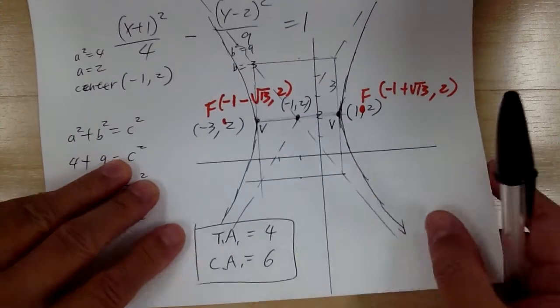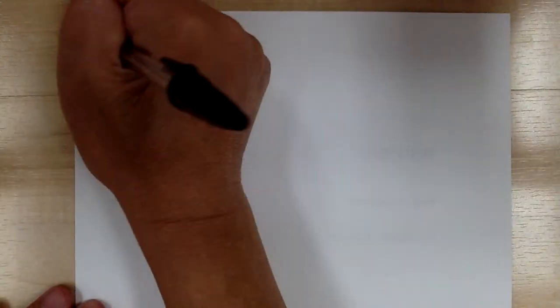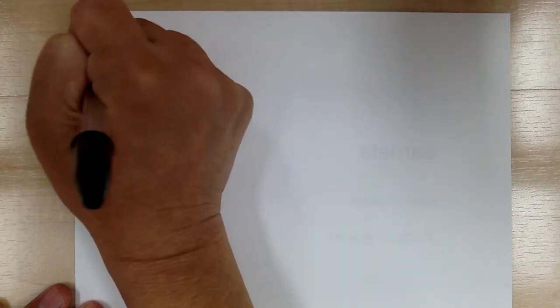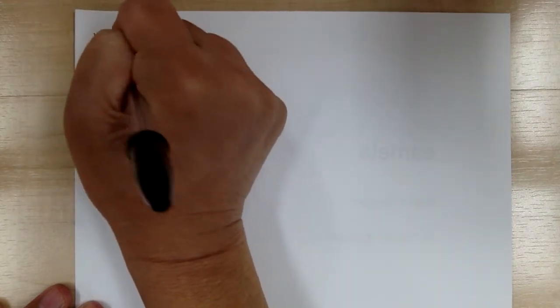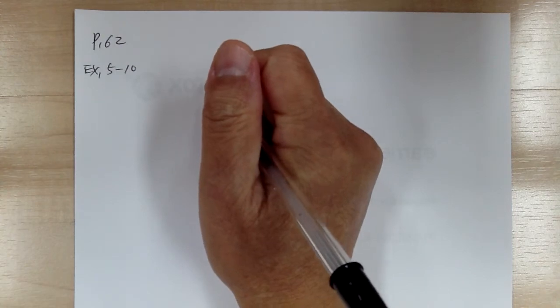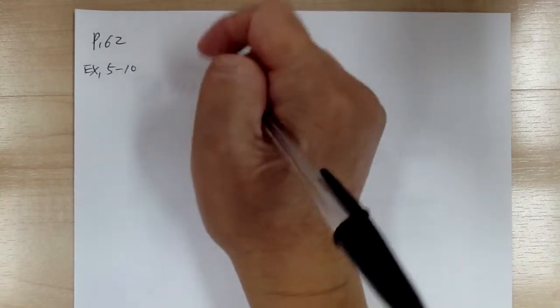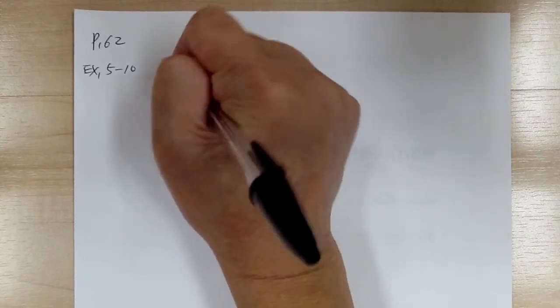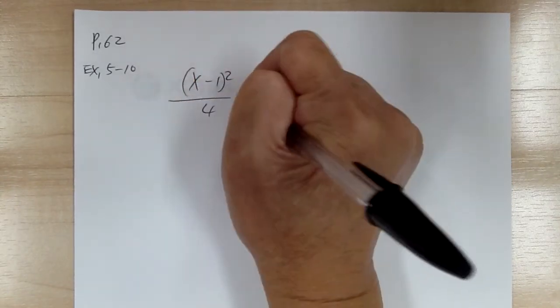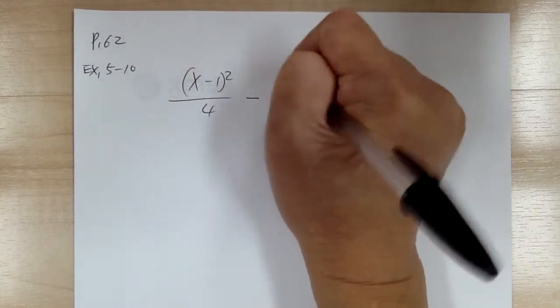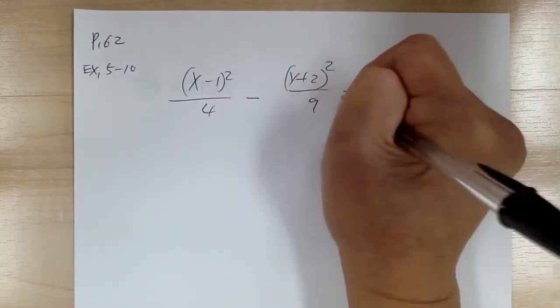Okay, let's go to the next example. So on page 62, example 5-10, it says, what if we complete the square for a hyperbola and it resulted in something like this one here, x minus 1 squared over 4 minus y plus 2 squared over 9 equal to 0.